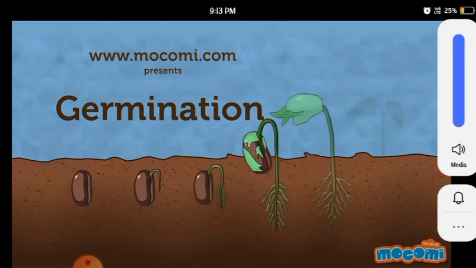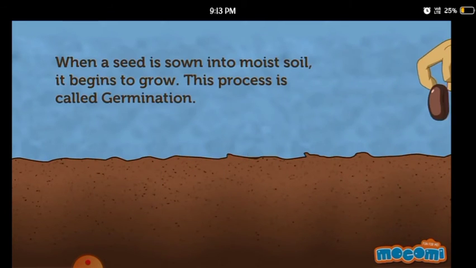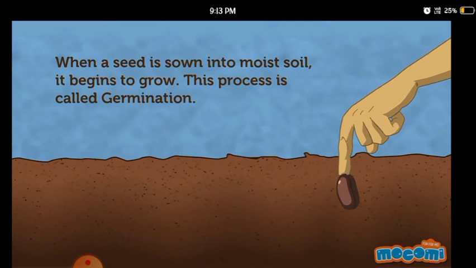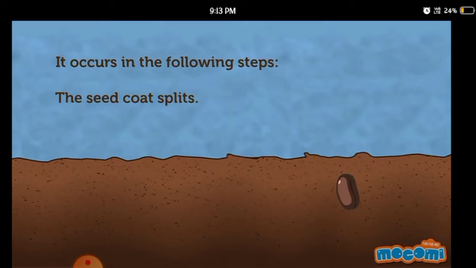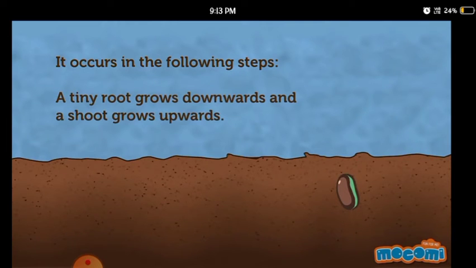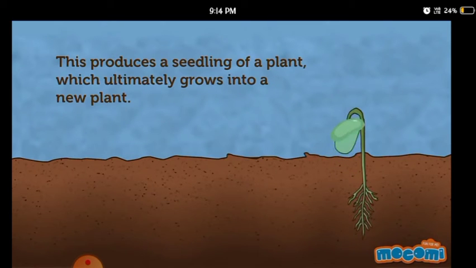What is germination? When a seed is sown into moist soil, it begins to grow. This process is called germination. It occurs in the following steps. The seed coat splits. A tiny root grows downward and a shoot grows upward. This produces a seedling of a plant, which ultimately grows into a new plant.